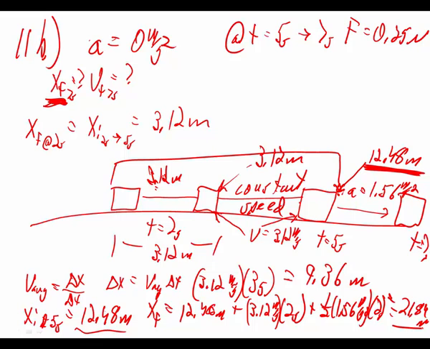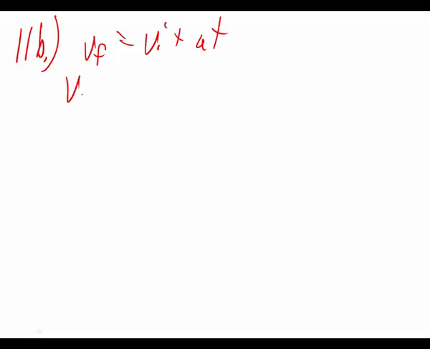Okay, y'all. How do we find final velocity on the last problem? Remember, I said do it the easy way. Can I flip it? I'll go back if you need me to. So final velocity is equal to what? Initial velocity plus AT. What was the initial velocity at 5 seconds?